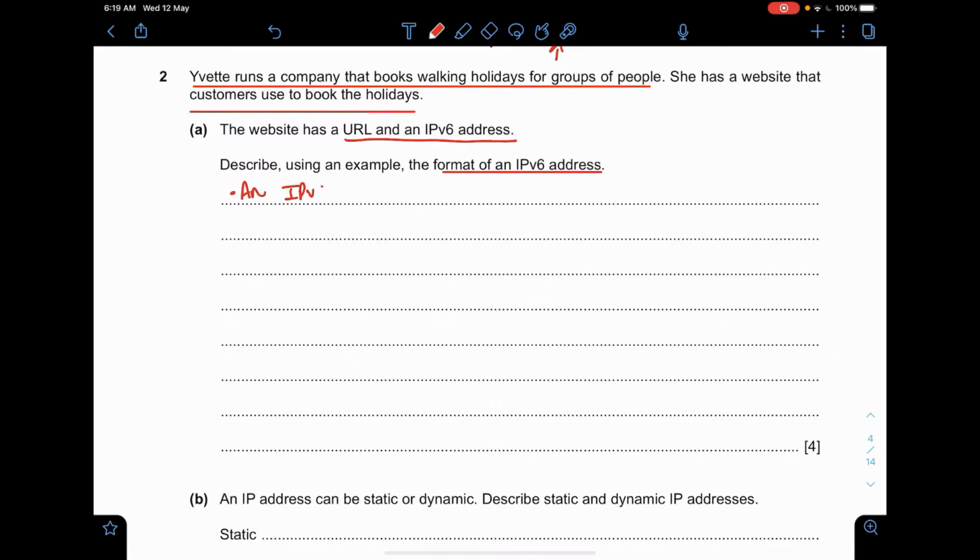An IPv6 address contains a set of 8 numbers, right? So it contains a set of 8 numbers, right? The next part is that each number is 4 hexadecimal digits, right?